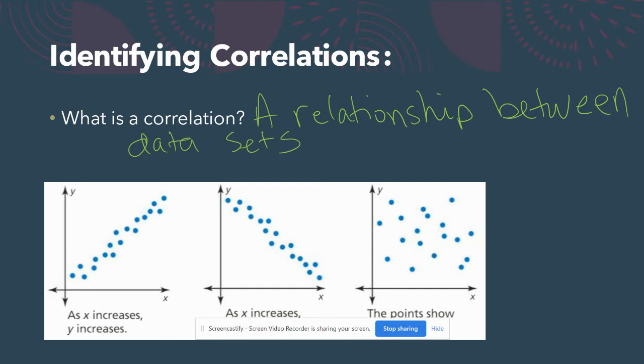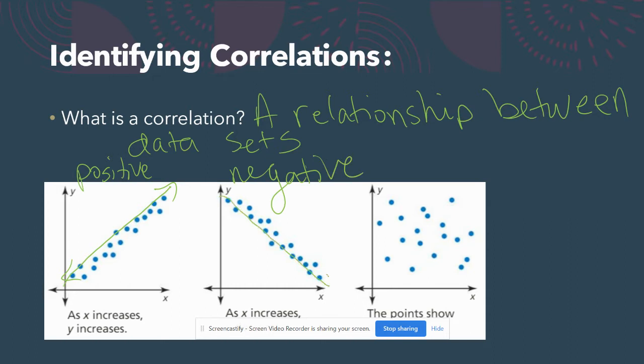So we have 3 examples here. This first one would be a positive correlation. That looks like if I were to make a general line through this, it would have a positive slope, so a positive correlation. The middle one would be a negative correlation.